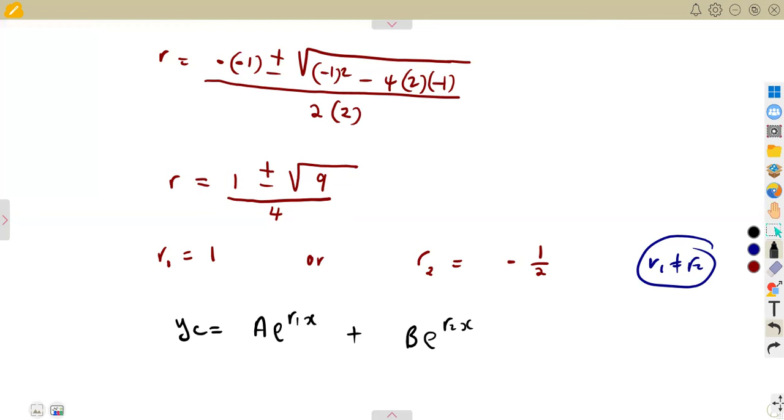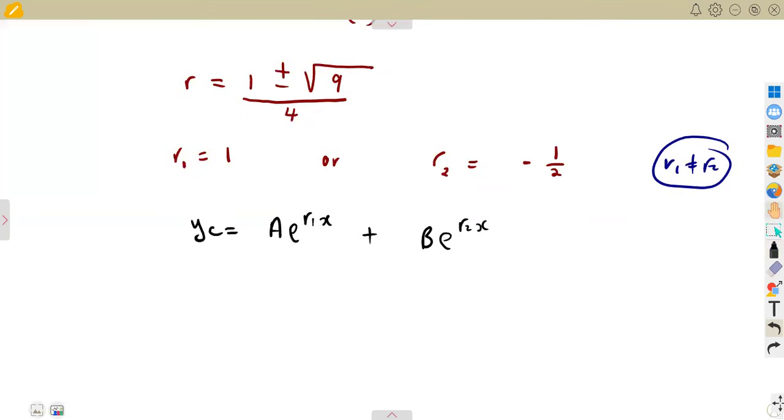Okay, anyways, let us substitute because our R1 is there and our R2 is also there. So we are going to have our complementary function as e to the exponent of R1, which is the solution that you have, which is 1. So this is 1x, and 1x is the same as x, plus b e to the exponent of R2, which is minus half.